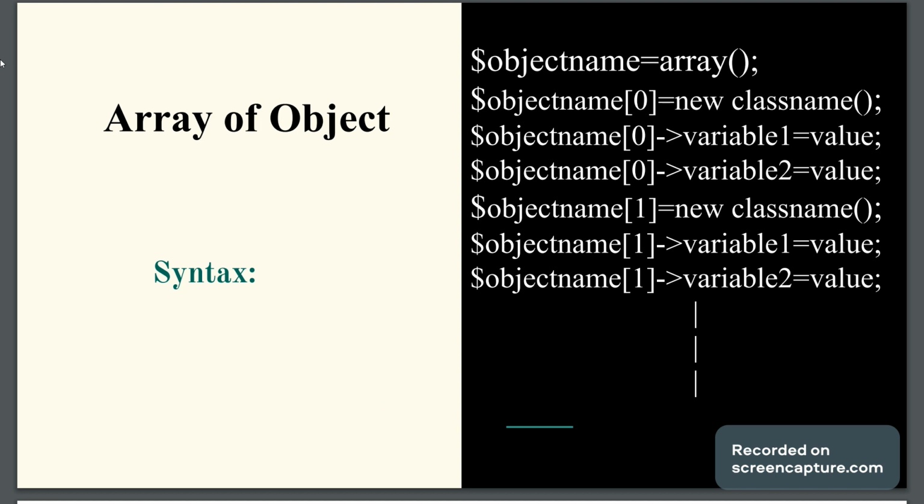For that we have to create an array of objects. We have created arrays by using the array function, which gives an indexed or numeric array, and the array name is given over here. We want to create an array of objects, so we can give the object name equal to array. It will create an empty array of objects.